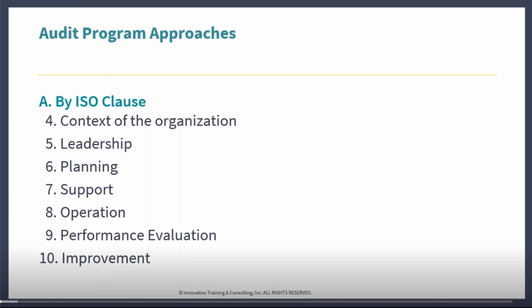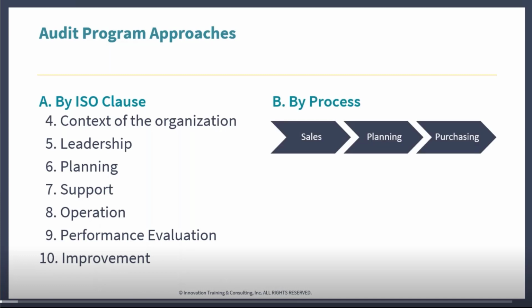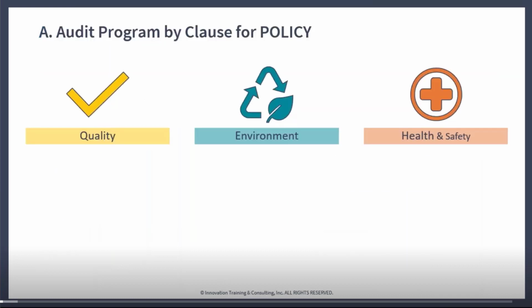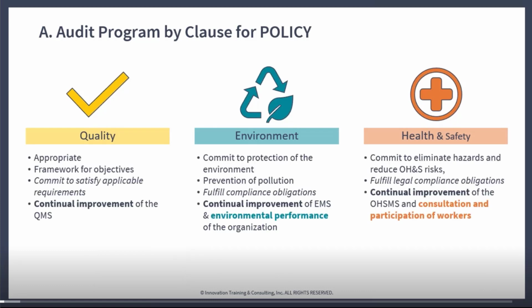So I chose the policy or the leadership commitment as our example of auditing by clause. Each of these bullets is written in the standard as something that is required. So you'll see commit to comply, fulfill compliance obligations. That's similar across the 3.